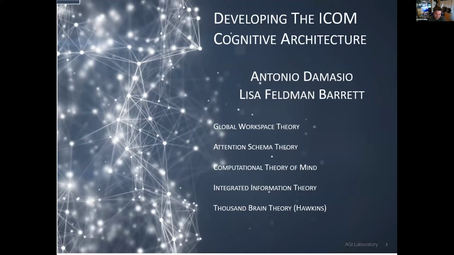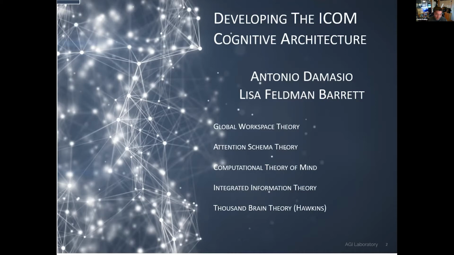When we originally started looking at cognitive architectures and how to build one, the key design principle was we wanted something that was self-motivating, created its own goals, and made decisions like humans did.